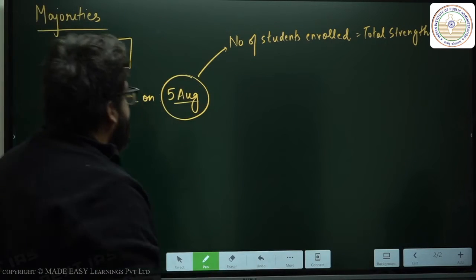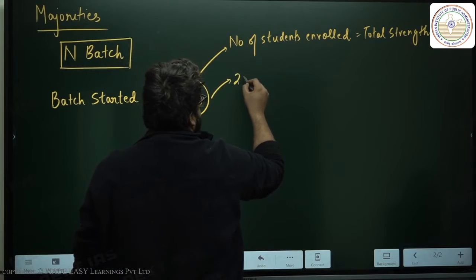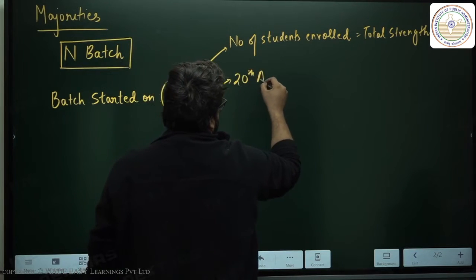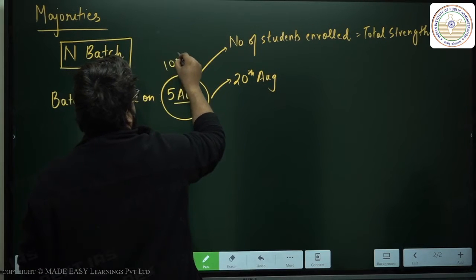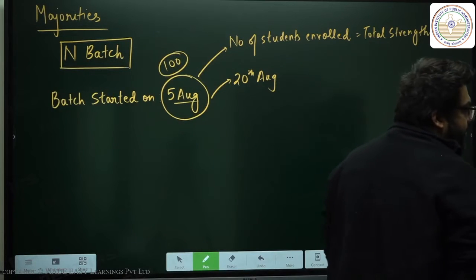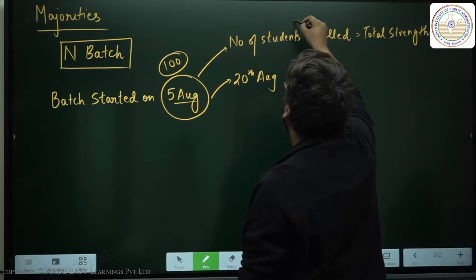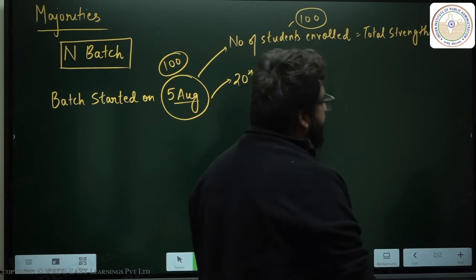Now, let us say a total of 100 students enrolled on the 5th of August. So the total strength is 100.